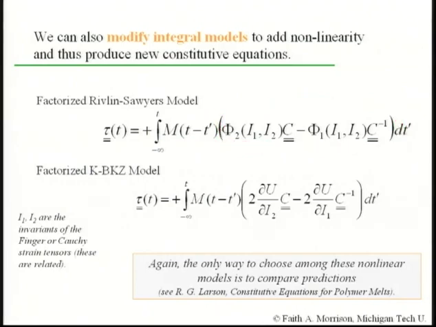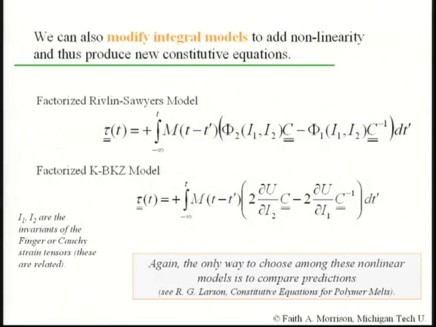And this is a case of saying, well, we like the Finger tensor because it gives the first normal stress difference correctly. We like the Cauchy tensor because it gives the second normal stress, but it's too big. So why don't we weight them by some function of invariants to get a little bit of second normal stress, a little bit of first normal stress, and make it ideal?